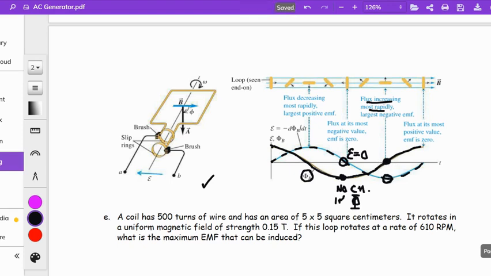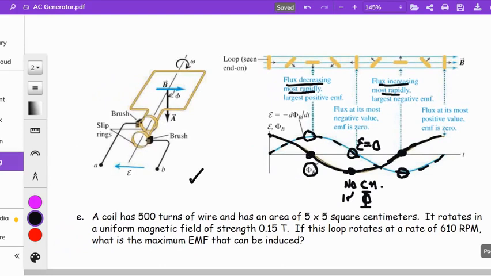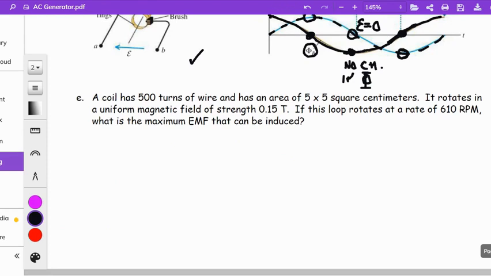Because this change in flux is a positive change. The slope is positive. And I hope you can see that it also happens over here, where the change in the flux is negative. Flux is decreasing most rapidly. That's where you have your biggest positive EMF. So that's important that you see and understand the relationship between the two graphs. Okay. So there you have it.